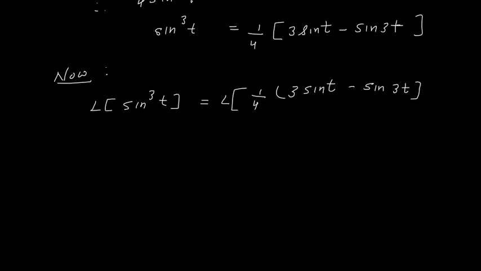This is equal to, I will take this 1 upon 4 out, it will be 1 upon 4 Laplace of 3 sine t minus sine 3t. This is Laplace of sine cube t.